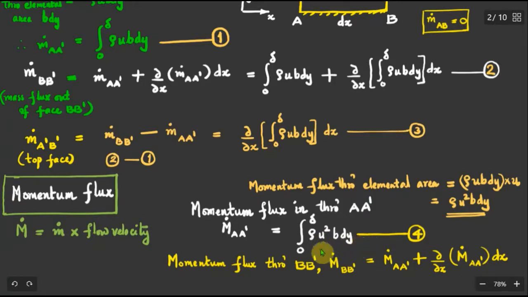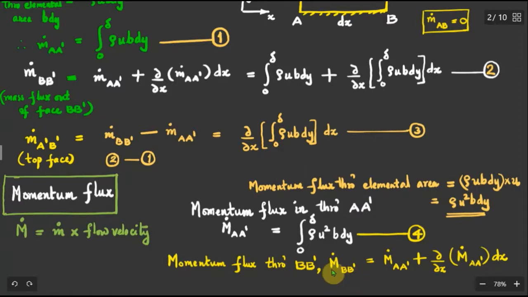Now we have to proceed and find out the momentum flux through the other faces as well. So momentum flux through B dash: just like we found out the mass flux through the right side face, we will use the same Taylor series expansion, ignoring the higher order terms, for writing down the expression for momentum flux through B dash.